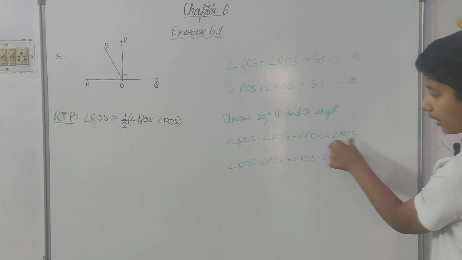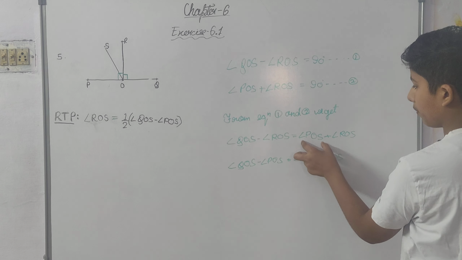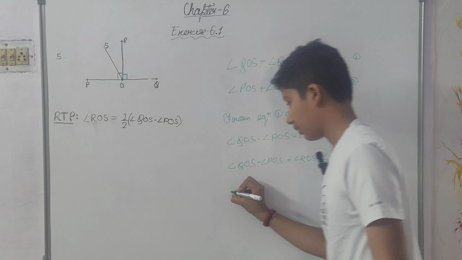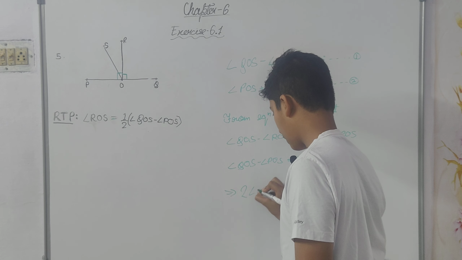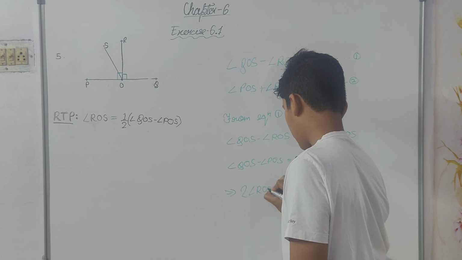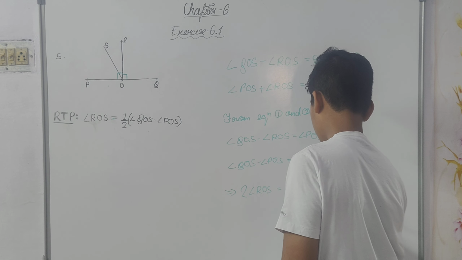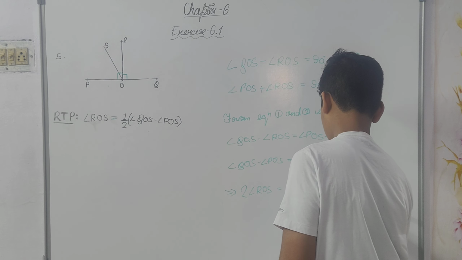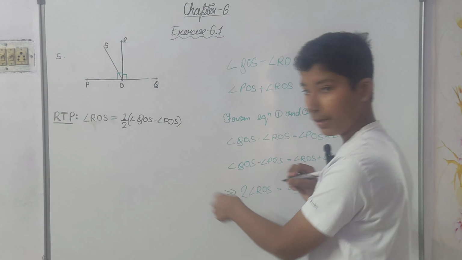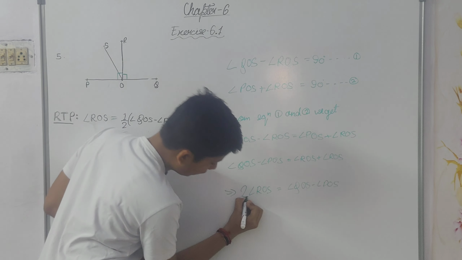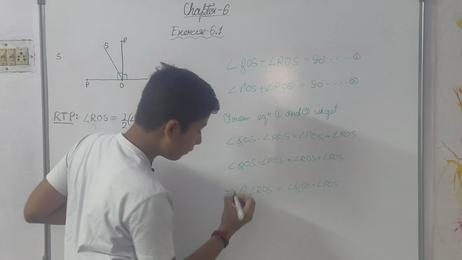Why? Because this was plus ROS, this was minus; minus goes there and becomes plus, plus goes there and becomes minus. So 2 times angle ROS equals angle QOS minus angle POS.